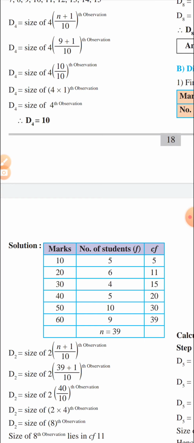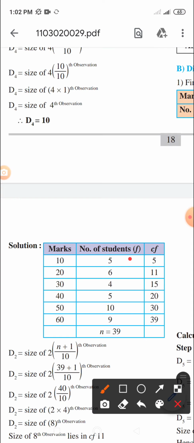So the data is arranged in ascending order, and the respective frequencies of that ungrouped data are written in front of it. That is, 10 marks obtained by 5 students, 20 marks by 6 students, 30 marks by 4 students, and then 5, 10 and 9. The frequencies are written down against the respective ungrouped data.